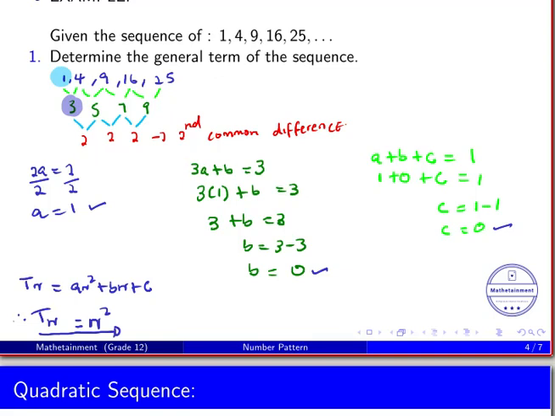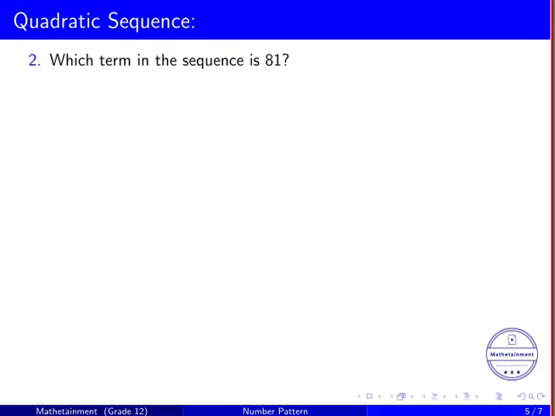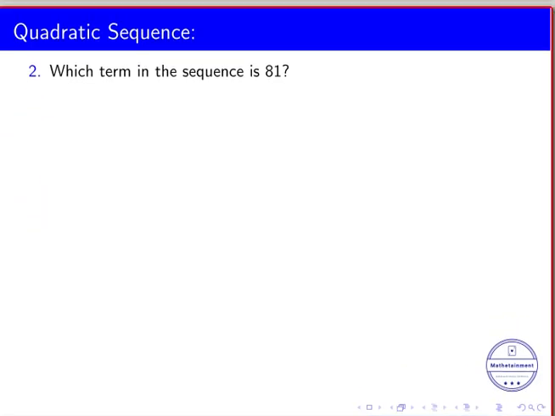Moving to our next question. They say, which term in the sequence is 81?